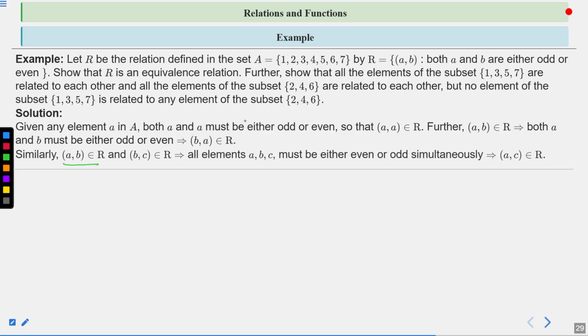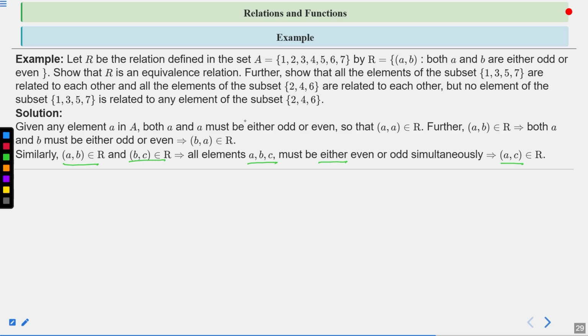Similarly, if (a, b) belongs to R and (b, c) belongs to R, all elements a, b, c must be either even or odd simultaneously, forcing us to write that the pair (a, c) belongs to R. I hope it is clear how we get our reflexive, symmetric and transitive conditions satisfied.